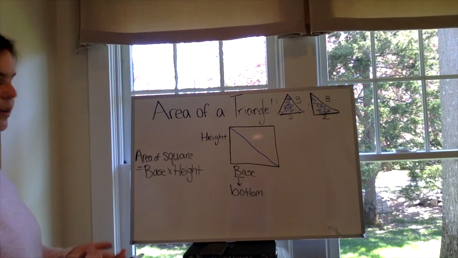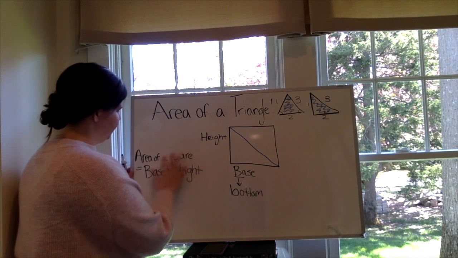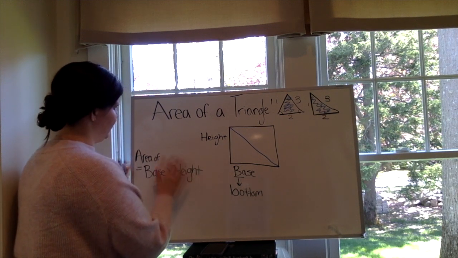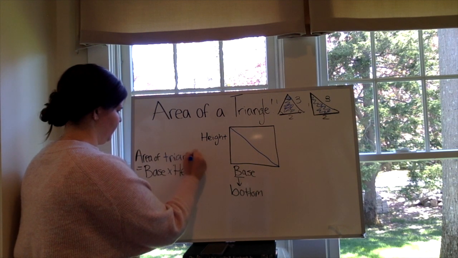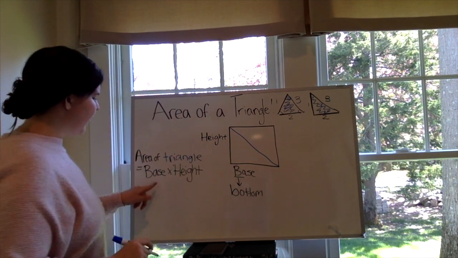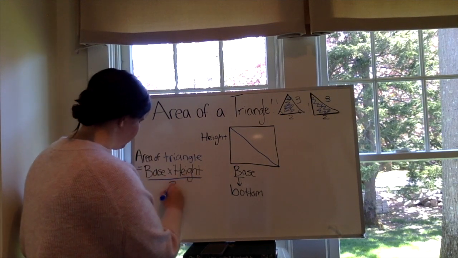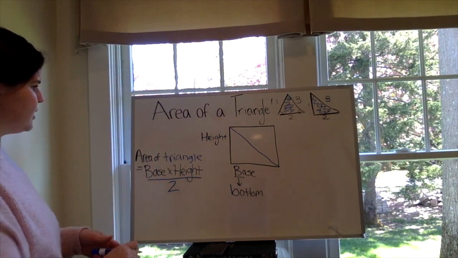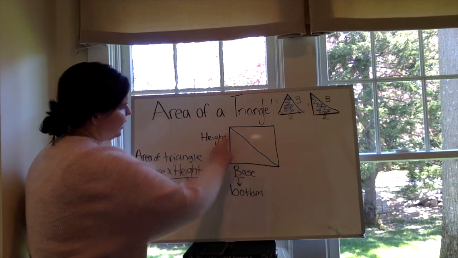So in order to find the area of a triangle, we would divide our area of a square by 2. Because as you can see, it's the base times its height, but it's not taking up this whole area.